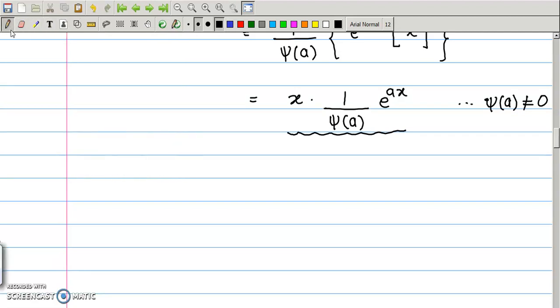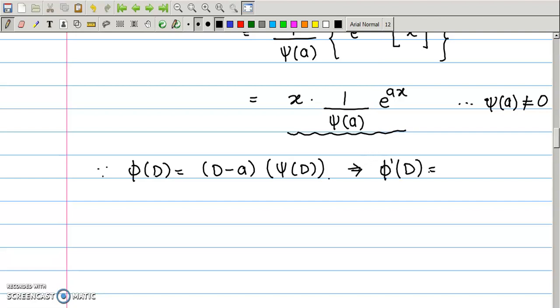Since phi of d is equal to d minus a into psi of d, if you take the derivative of the auxiliary equation, we can find this will be psi of d only.